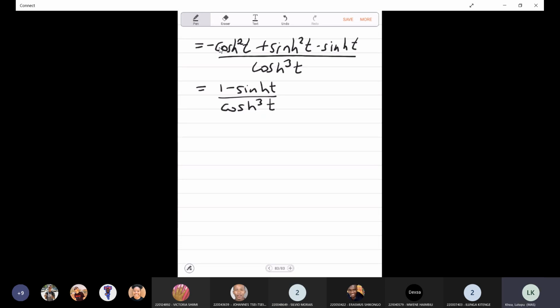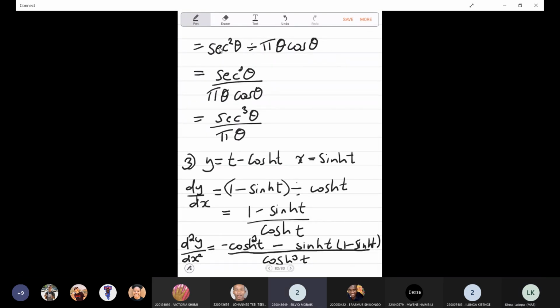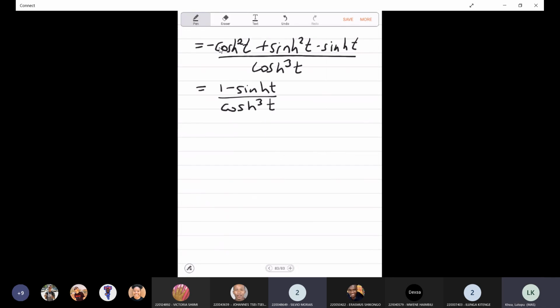Were we multiplying? No, but ma'am, I'm saying what ma'am wrote there. That is a minus. Oh, it looks like a point. If you are following, you should see that it is a minus. Ma'am, in the identity, is sine h squared not negative? This is negative 1. It is negative. This should be negative 1.